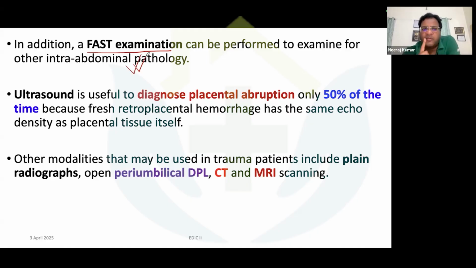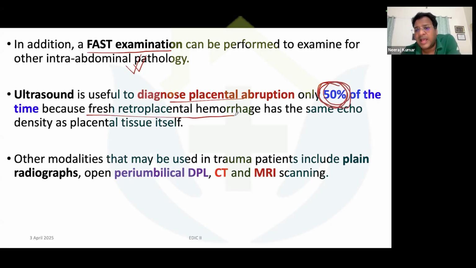Apart from that, ultrasound is of limited use for diagnosing placental abruption, because only about 50% of the time, when you do this FAST in your ED setups or in your triage area, is it helpful.